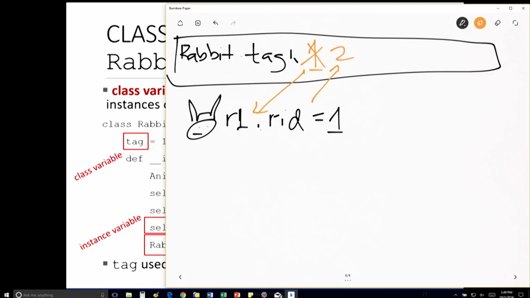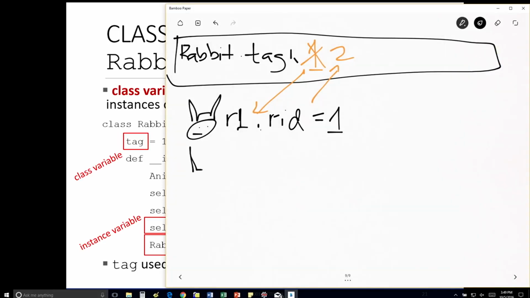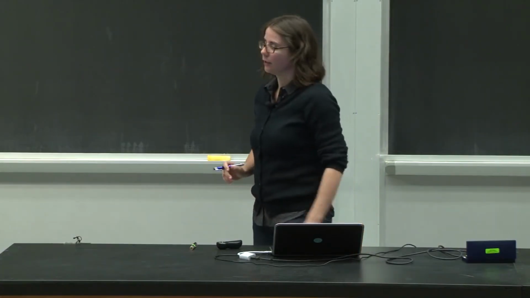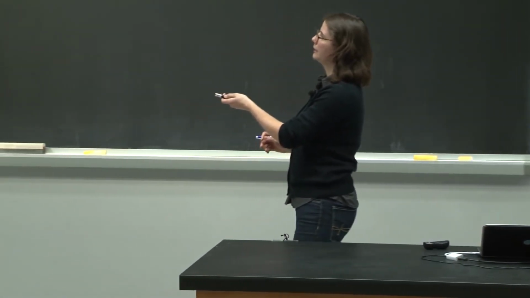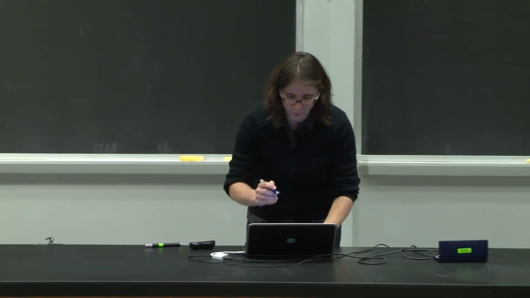Okay. So let's say I create another rabbit object. There, that's a sad rabbit. R2. The ID of R2 is going to be what? Well, according to the way we create a new rabbit object, it's going to access whatever the value of tag is, which is a class variable.